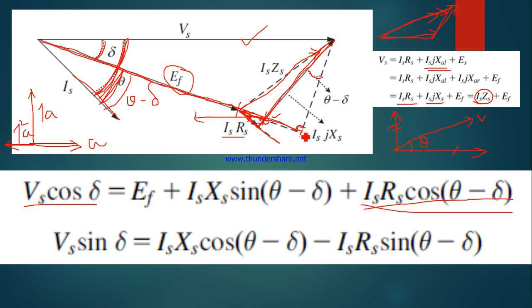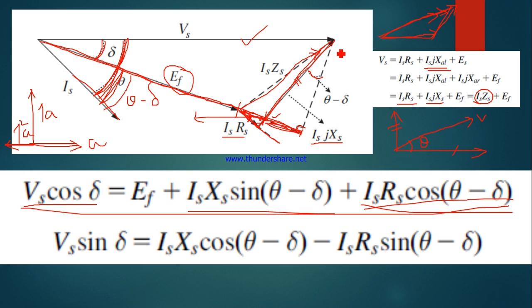And what is this part? This is J IS XS. This is the vertical component, and that's why it is the sine component. So this equation from the phasor is clear. Now, if I take the sine part of Vs, that means now I have to find out this part.